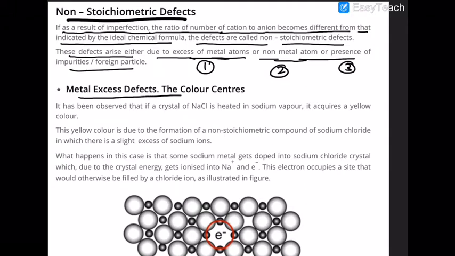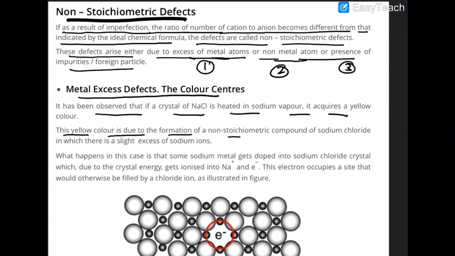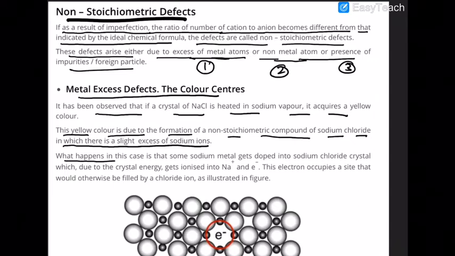Metal excess defects. It has been observed that if a crystal of NaCl is heated in sodium vapors, it acquires a yellow color. The yellow color is due to the formation of a non-stoichiometric compound of sodium chloride in which there is a slight excess of Na+ ions.